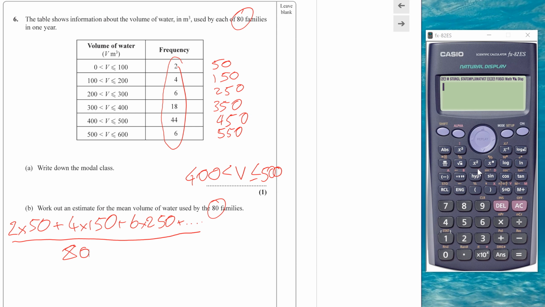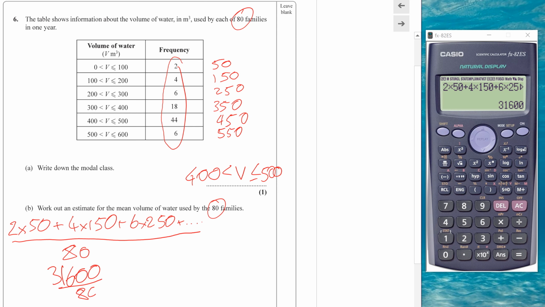So coming across to the calculator, we're going to type it all in exactly like that. 2 times 50 plus 4 times 150 plus 6 times 250 plus 18 times 350 plus 44 times 450 plus 6 times 550, and that equals 31,600.